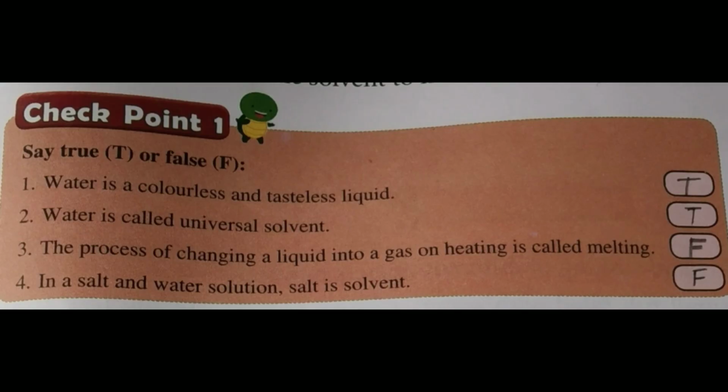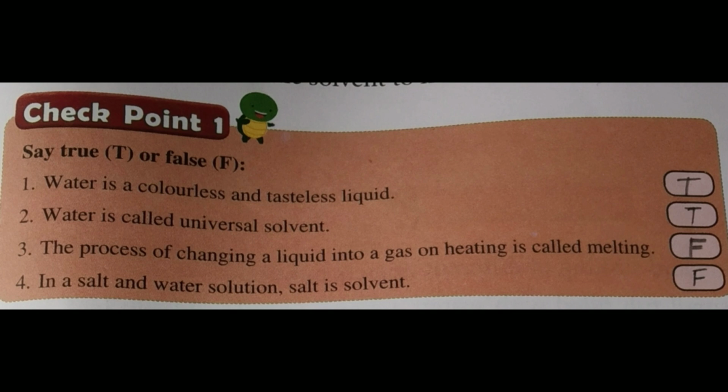Now children, on page number 65 you can see a checkpoint. Checkpoint 1. Now let's see what we have to do. Say true or false. Now we will read the sentences and find out whether the statements are true or false. Number 1. Water is a colorless and tasteless liquid.